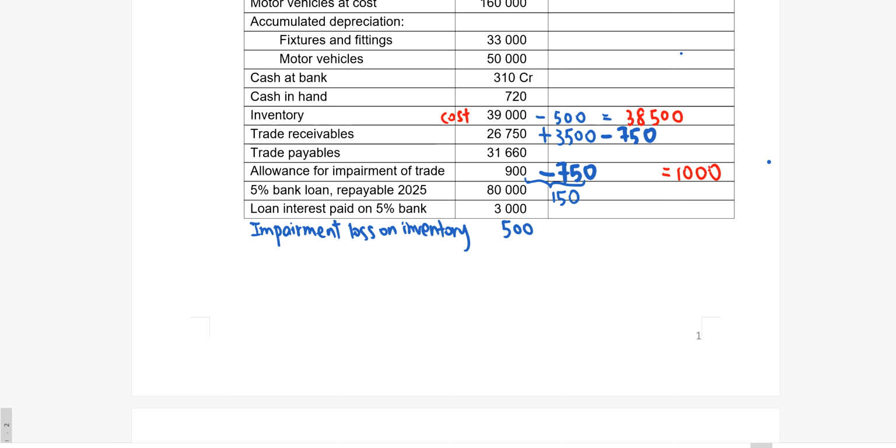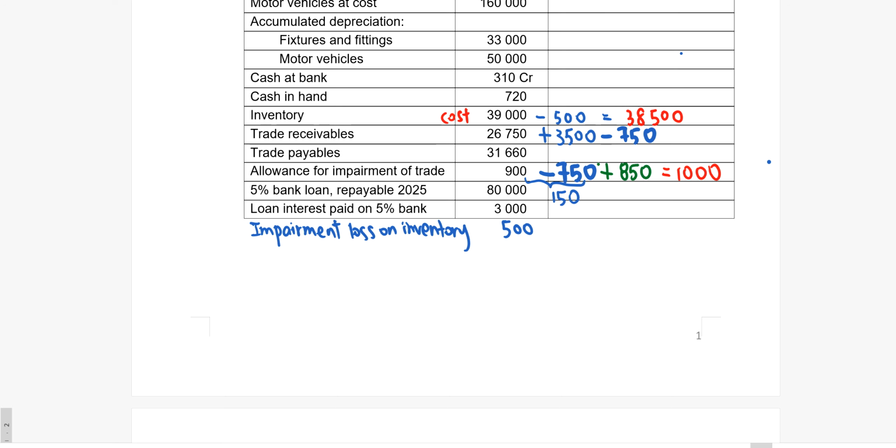This is given in the question. But the updated balance now is only $150. So we have to ask ourselves, how can I increase my allowance such that I can get a value of $1,000? The difference would be, I have to add $850.